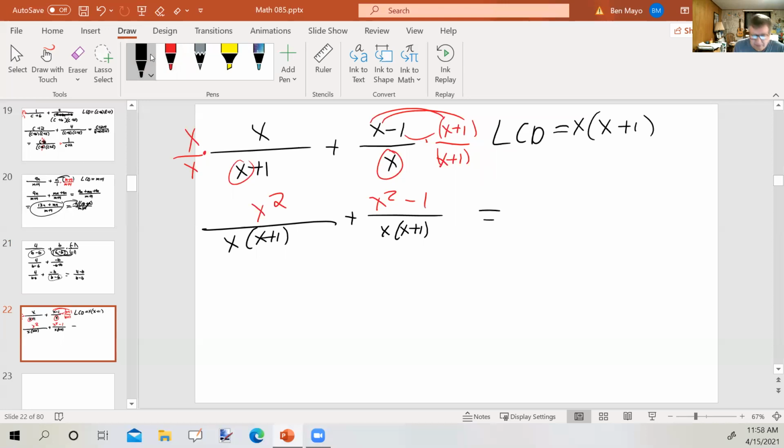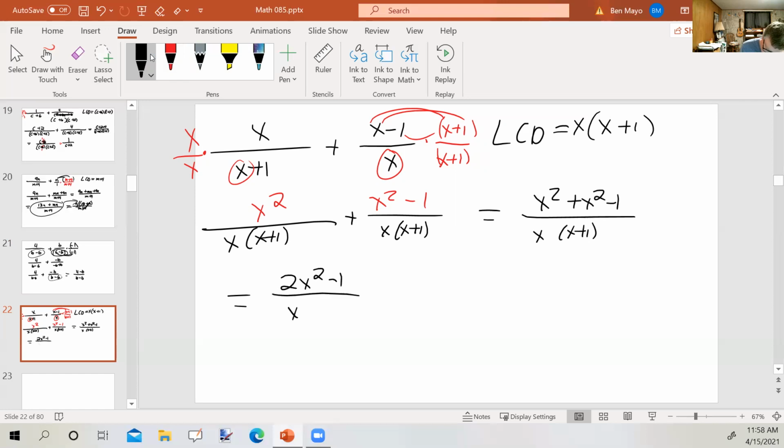So now I'm adding two fractions with the same denominator, so I add the numerators: x squared plus x squared minus 1 over x times x plus 1. Combining like terms, I get 2x squared minus 1 over x times x plus 1. And the numerator does not factor. That's not the difference of two squares, so that's as far as we can go.